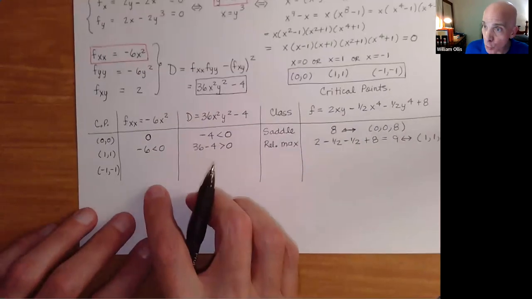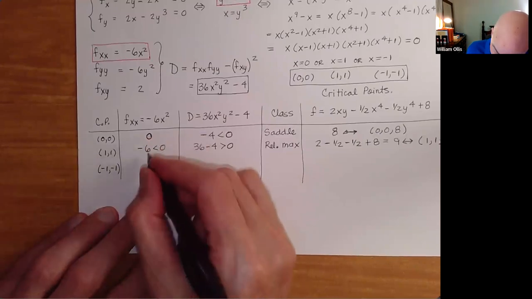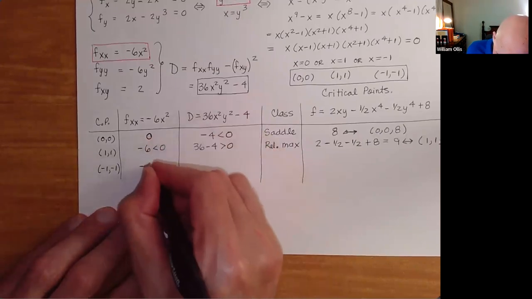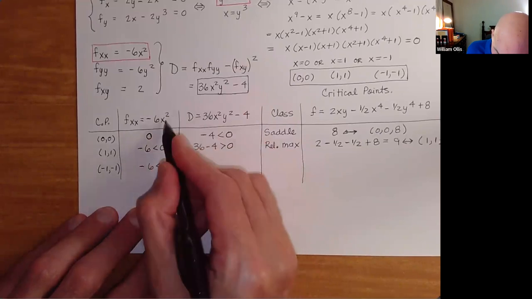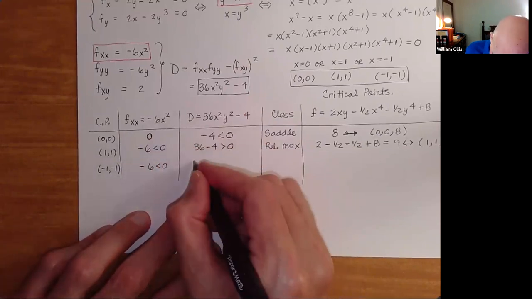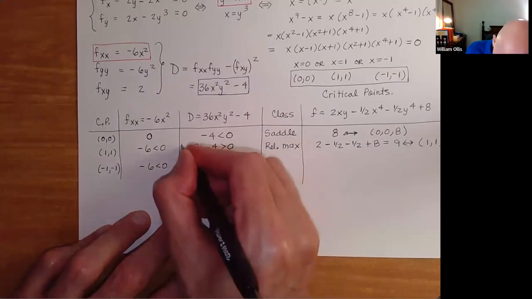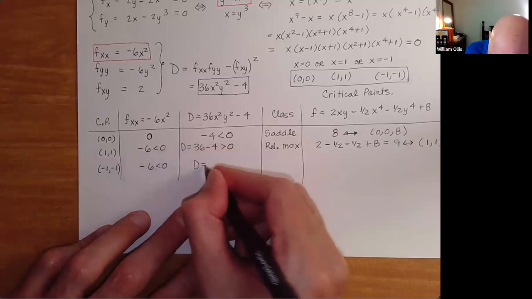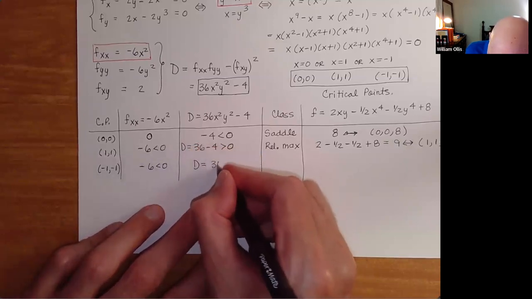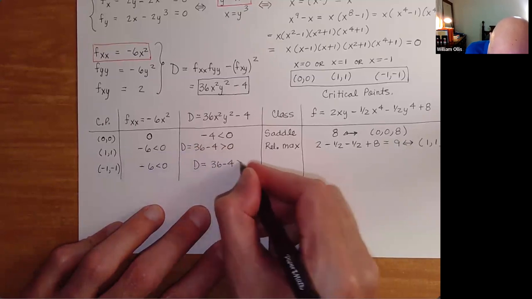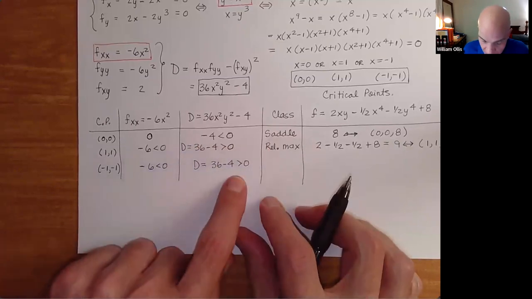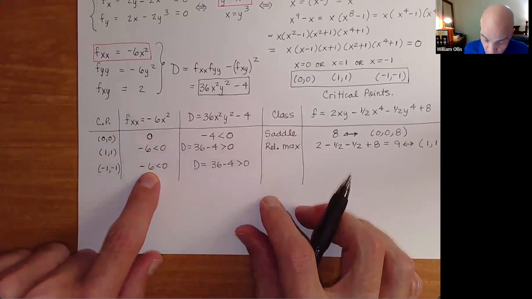And then for the last critical point, again, we have the same value, -6, just substituting here. And then D again is not changed. So we have 36 minus 4, which again is positive. So we have the positive D, the negative second partial with respect to x.